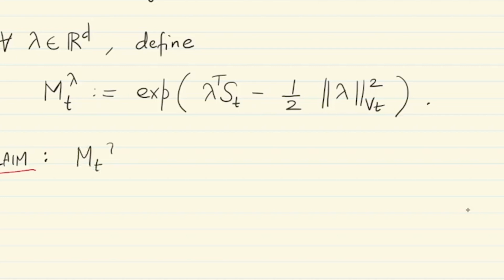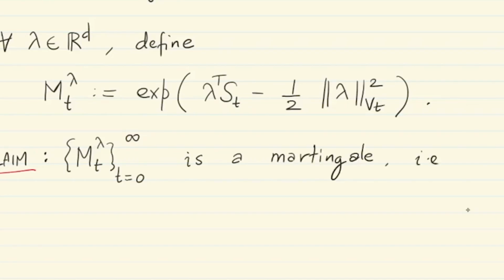It turns out that the sequence of random variables M_t(lambda) as t goes from 0 to infinity, by the way, if t is 0, this is an empty sum, so M_0(lambda) is defined to be 1, trivially. In fact, this process over time for a fixed lambda turns out to be a martingale.